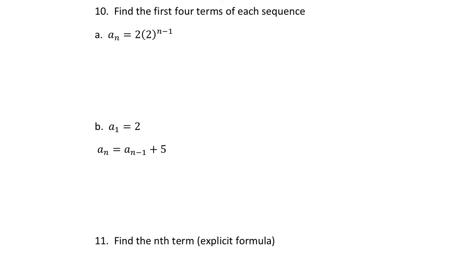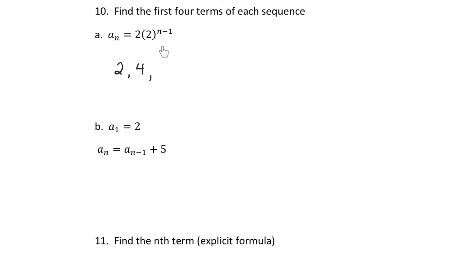So let's start with part A. To find the first term, again, the first term is when n equals 1. So if you plug in a 1 right here, for n, 1 subtract 1 is 0, 2 to the 0 power is 1, 1 times 2 is 2. So the first term is 2. Now for the second term, I'd plug in a 2 for n. 2 subtract 1 is 1, 2 to the first power is 2, 2 times 2 is 4.